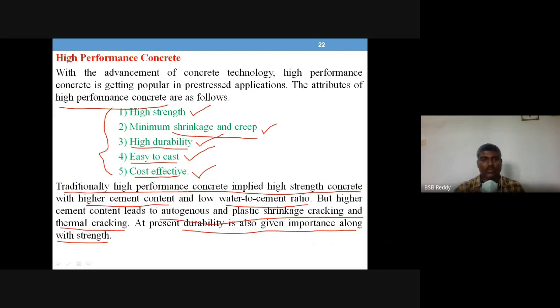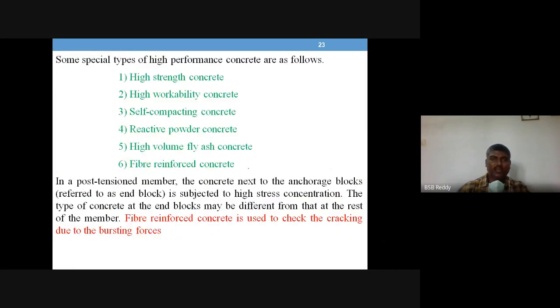Hence, to overcome these problems, we have devised high performance concrete, where it will have much higher strength, lesser shrinkage and creep, very high durability, easy casting, and also be a cost effective material. This is what high performance concrete means.